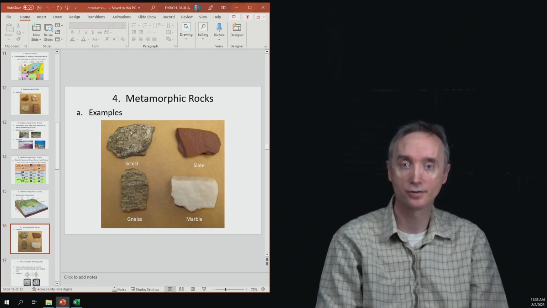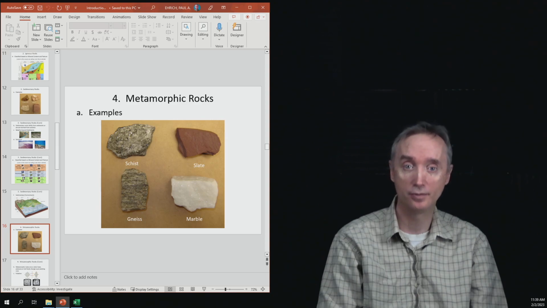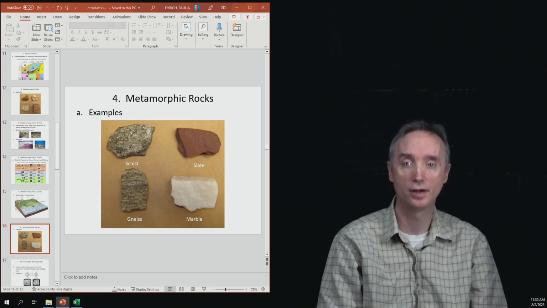So that's a particular texture when it comes to metamorphic rocks. And then next to it is marble, and marble is what happens when you take limestone and you heat it, it metamorphosizes into that particular metamorphic rock.